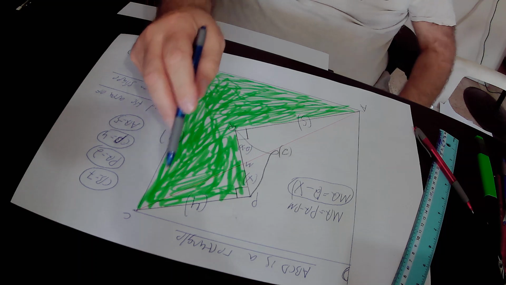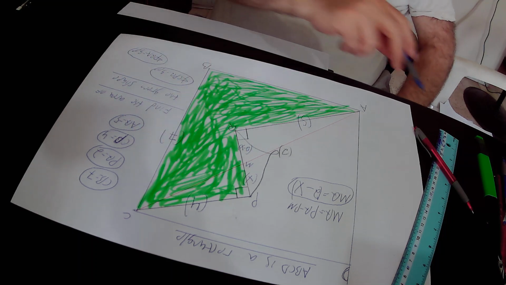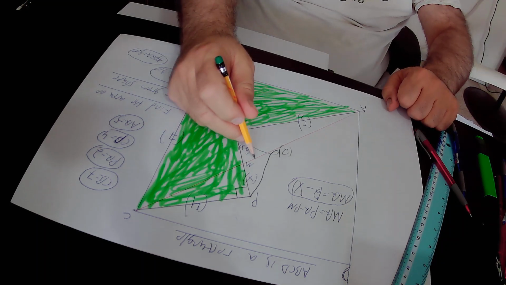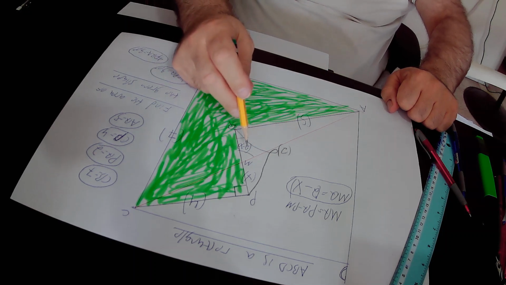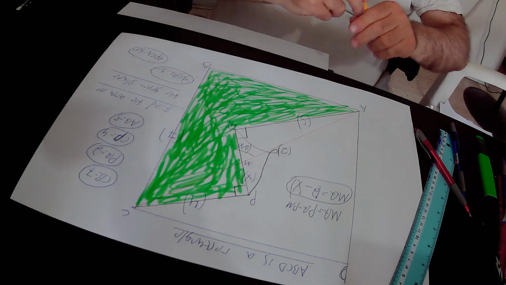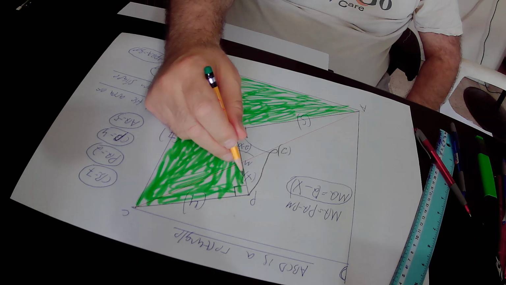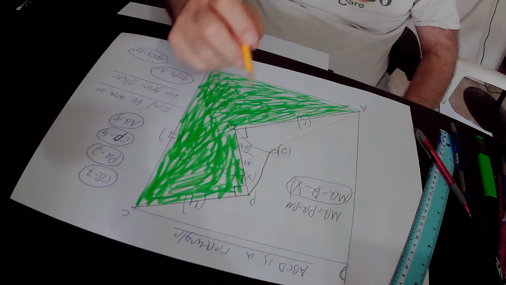By joining points C and A together by a straight line, we create two vertical angles. This is angle AMQ, and the second vertical angle is angle CMP.